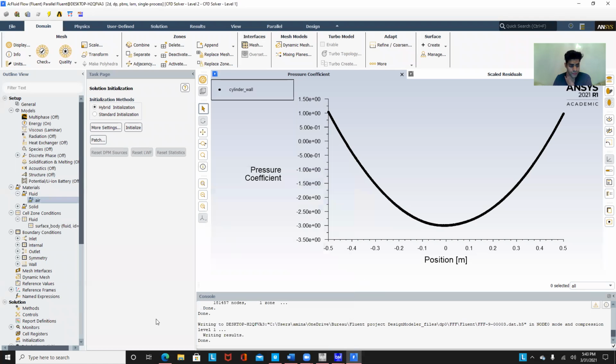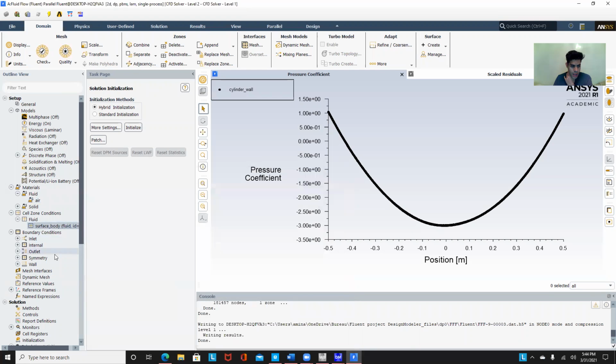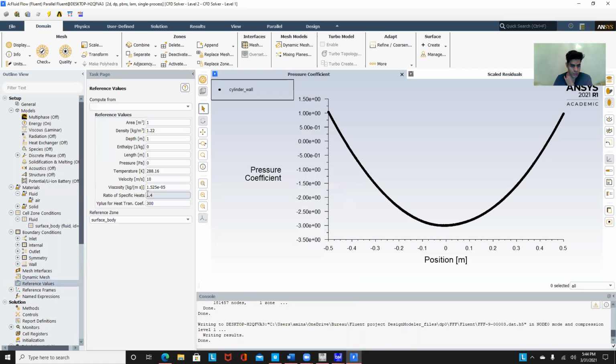After that, I made sure that my property is changed here, and then I made sure that my reference values are changed. See, it's not changed here, so I have to change it. I had to change it to 6.6667e-05, and for my density I got 1 here.